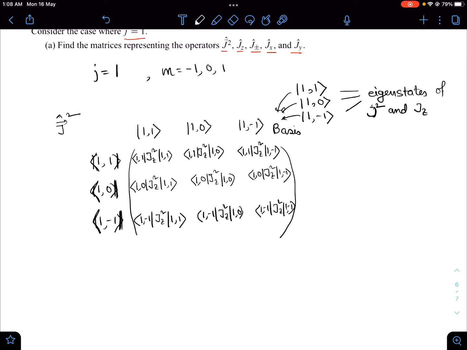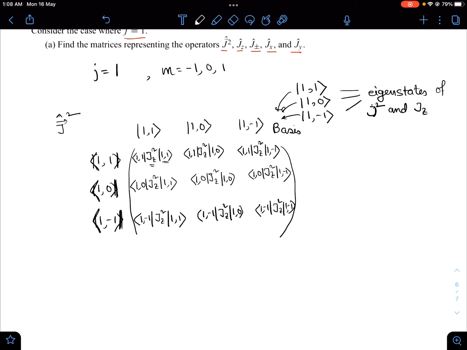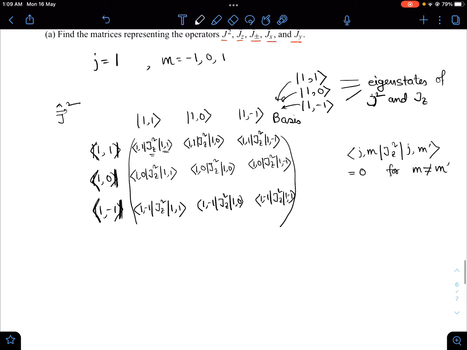Now since these are eigenstates of jz squared, we know that <j m|jz squared|j m'> will be 0 for m not equal to m' if they are different, and it will have the value j into j plus 1 times ħ² for m equal to m'.